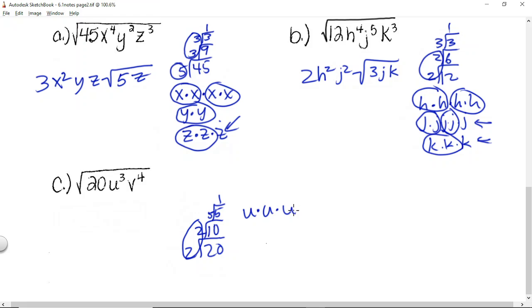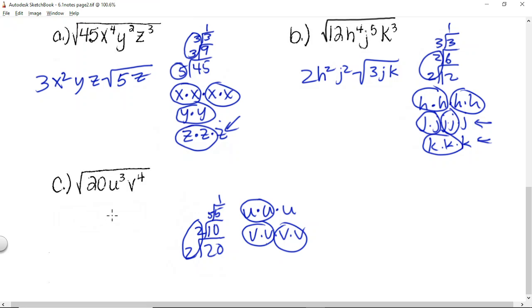There's no way to get away with not writing all of those. You can't say, well, I think a couple of them. It's 3 of them, okay, because it's to the 3rd power. And then for v, we have 4 of those, because it's v to the 4th power. So we're looking for our groups, and we have 2 here. Then for v, we have a couple of groups.